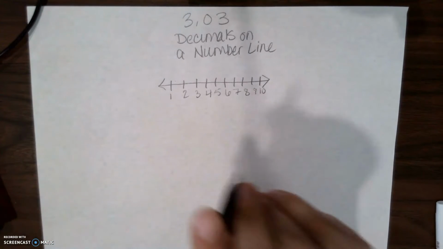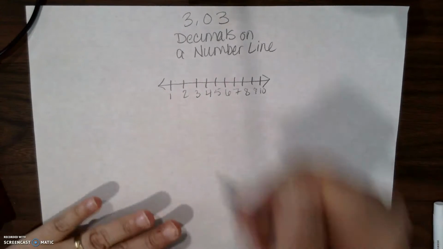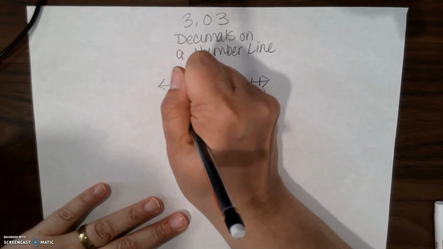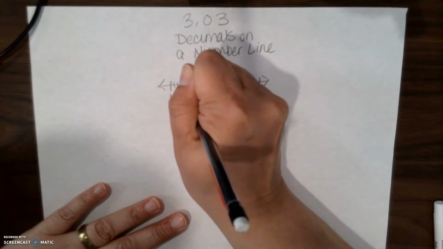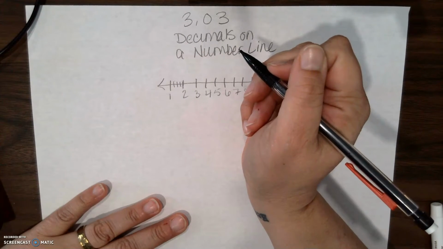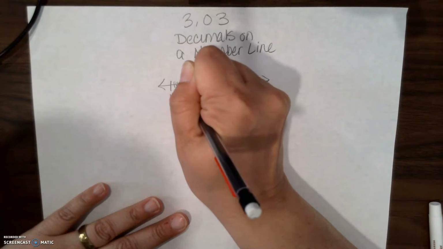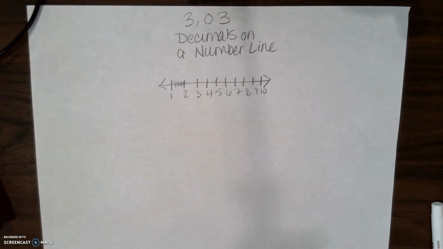All right, but now that we're older and we're in 5th grade, what we're going to start to do is realize that there are tick marks in between these whole numbers, and even tick marks that go in between the in-between. So that's what we're going to talk about today.